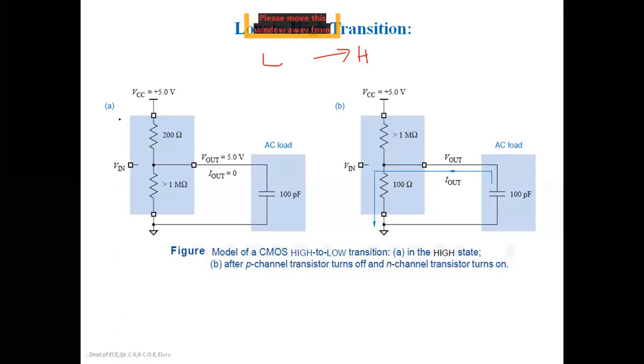Just a minute. Now see this diagram. It is the model of the CMOS low to high transition.